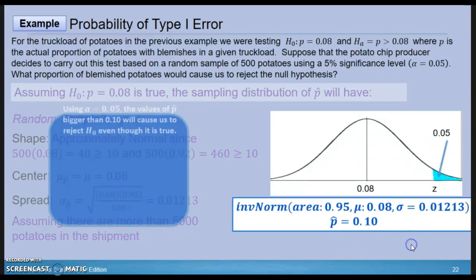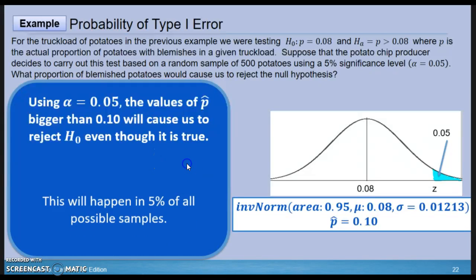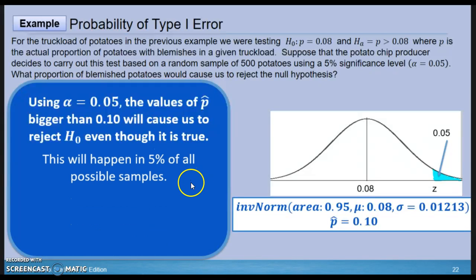So what does this mean? So we used an alpha level of 0.05, our significance level. So the values of p-hat bigger than 0.10 will cause us to reject the null, even though it's true. So this happens in 5% of all possible samples because if the 5% gives us a p-hat of 0.10, that means it happens 5% of the time.